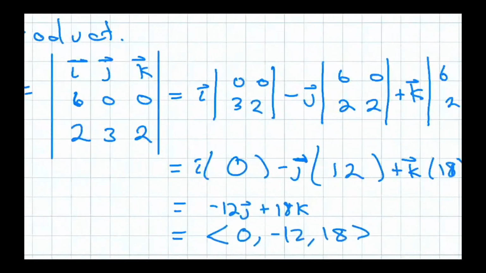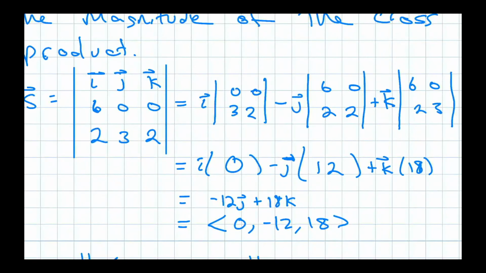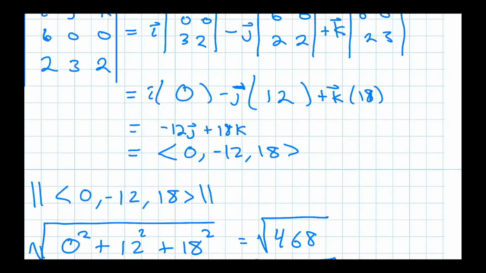If you think about it, when you do the dot product of another vector, like U1, U2, U3, you would multiply the U1 times that first term, the U2 times the middle term, and the U3 times the third term.